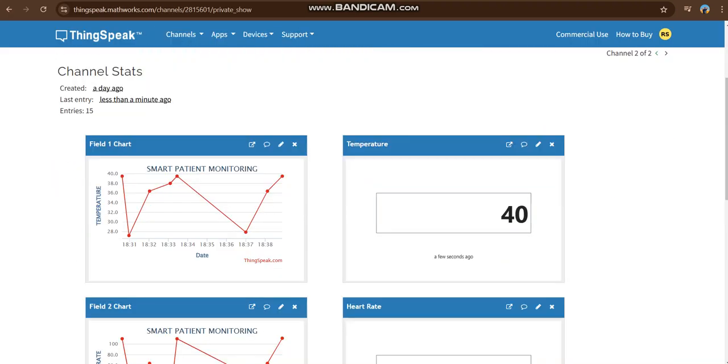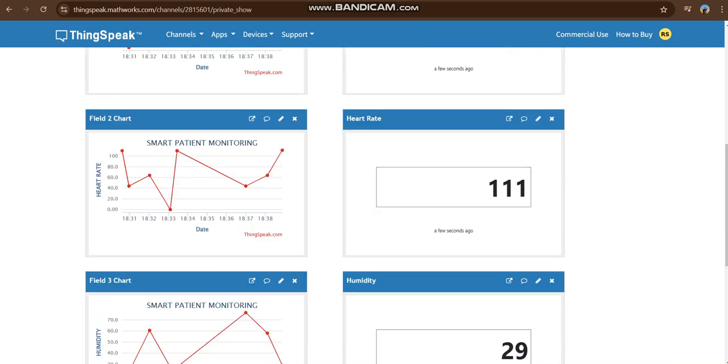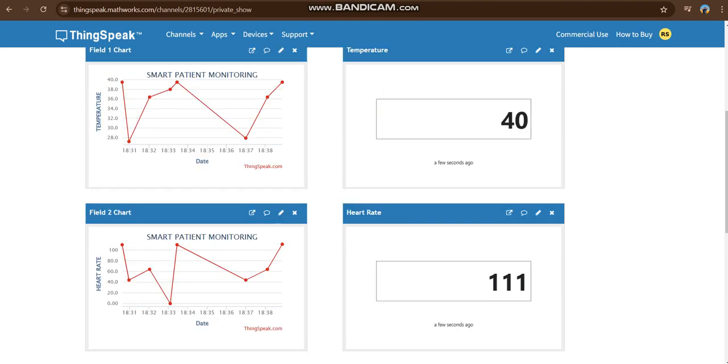As you can see here, the graph of the temperature field, heart rate field, and also humidity. Here, the temperature was 39 at last. When I test here, it will drop, then increase, then decrease, and finally the temperature increases to the maximum.